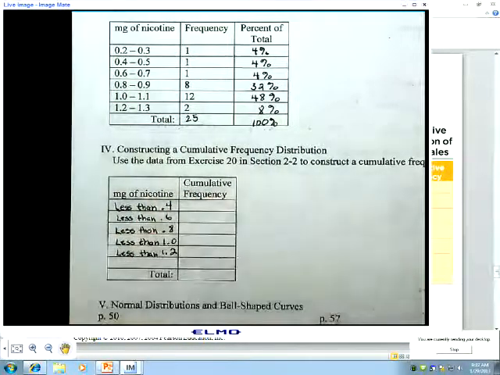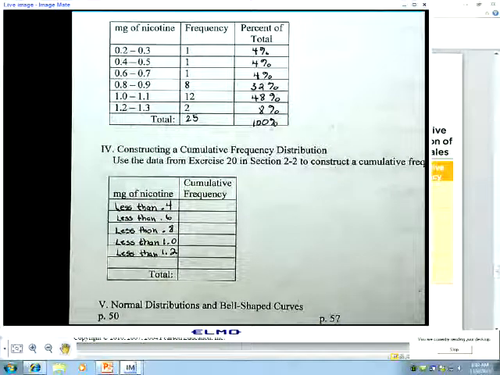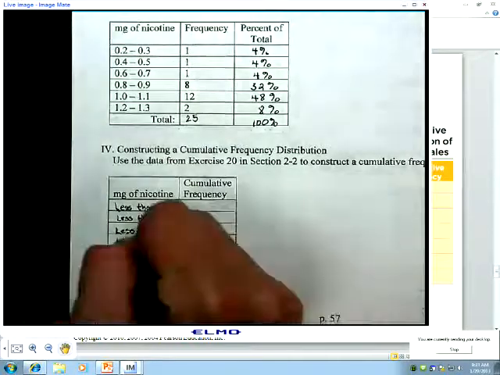Now, if we stop at less than 1.2, we're going to miss some brand of cigarettes that had 1.3. We have to go one class beyond that to less than 1.4 so that all of our data values fall into one of those classes.